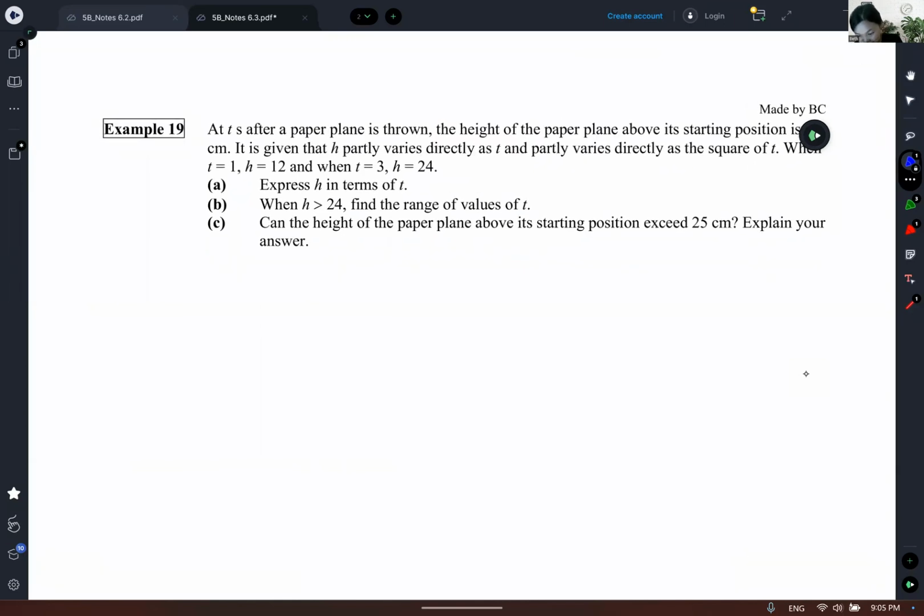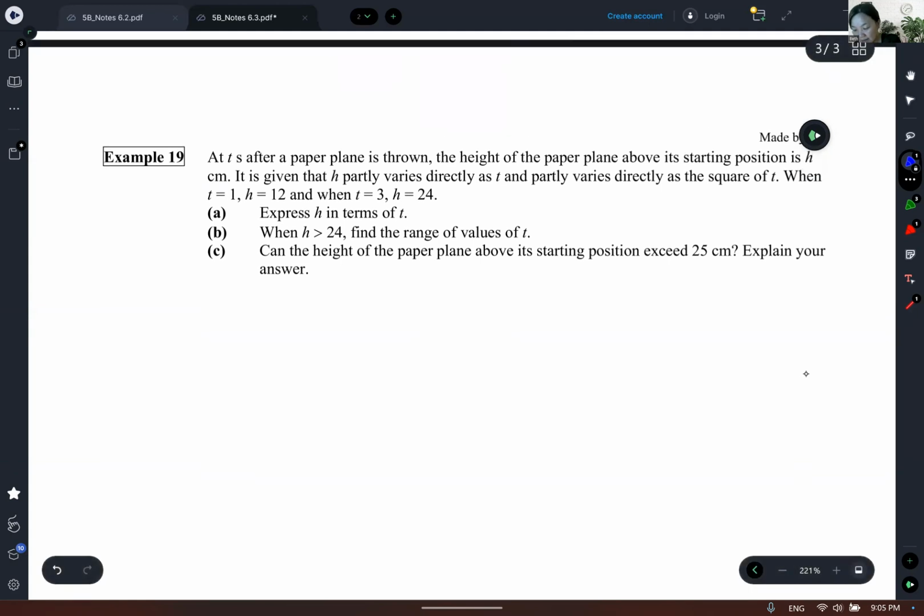At t seconds after a paper plane is thrown, the height of the paper plane above its starting position is h cm, and it is given that h partly varies directly as t and partly varies directly as the square root of t. This is a routine partial variation problem.